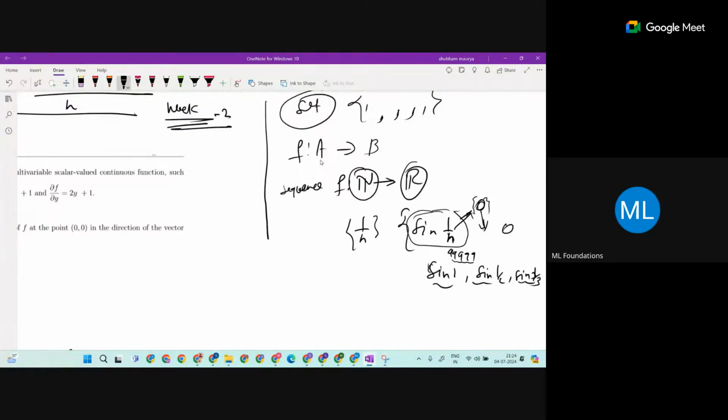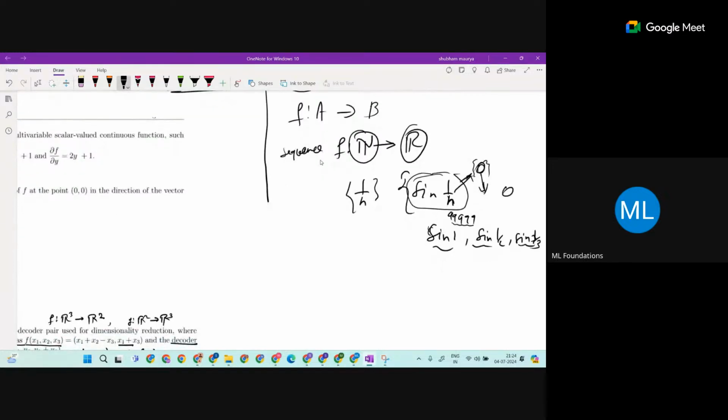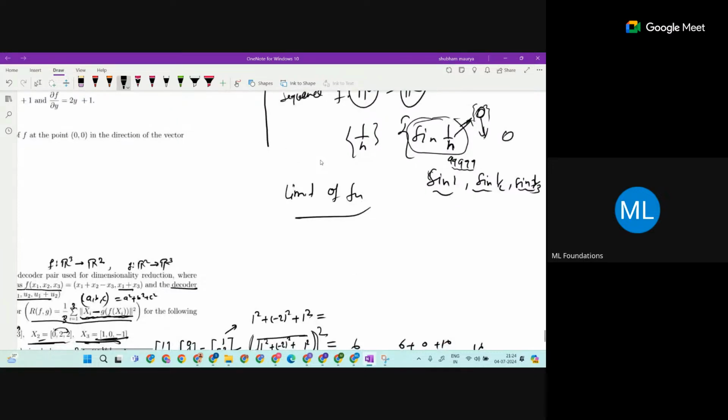Then after knowing the sequence, move on to the limit of a function. From here the calculus, the limit itself started with sequences, but yes, there is also the limit of a function. What is the limit of a function? The same limit as it says. Suppose x is approaching 5.